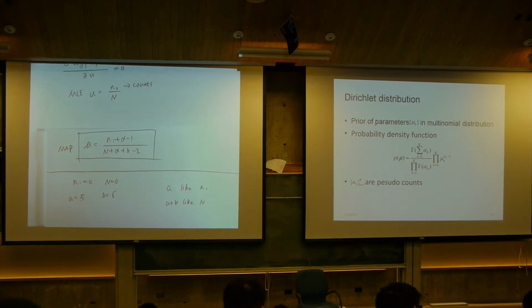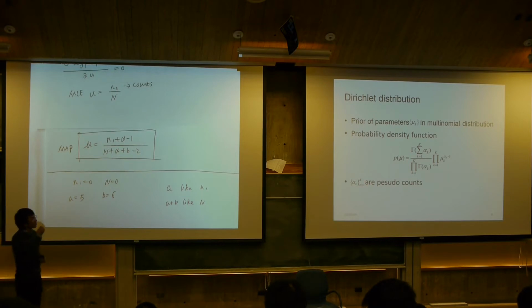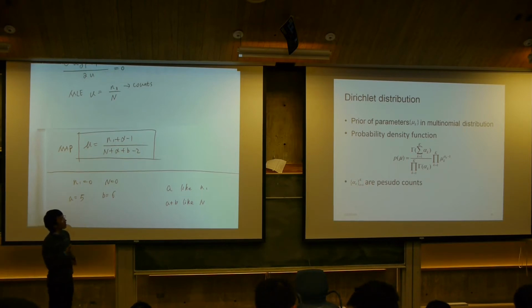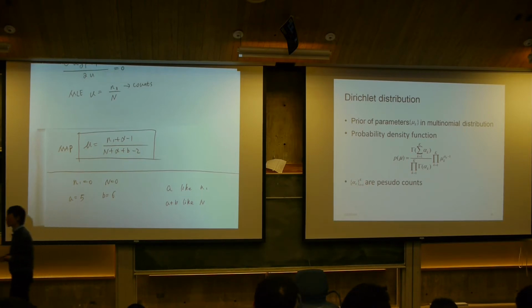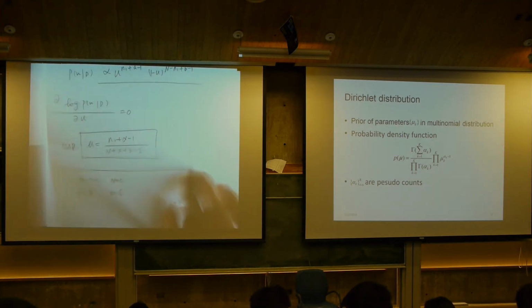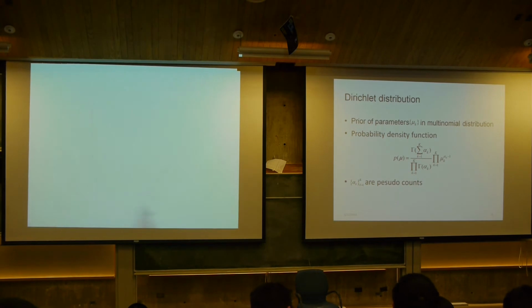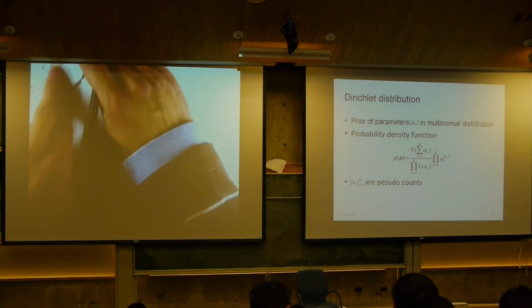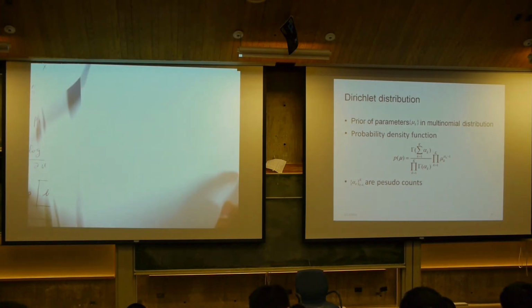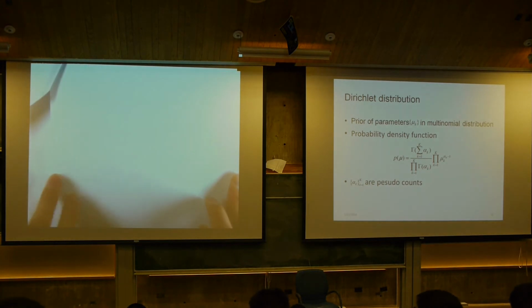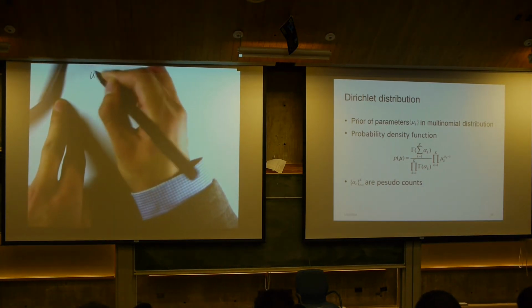The Dirichlet distribution is nothing but a generalization of the beta distribution. So in this case mu is not a scalar anymore. It is a vector. Remember that in the multinomial distribution, we have a parameter mu vector.